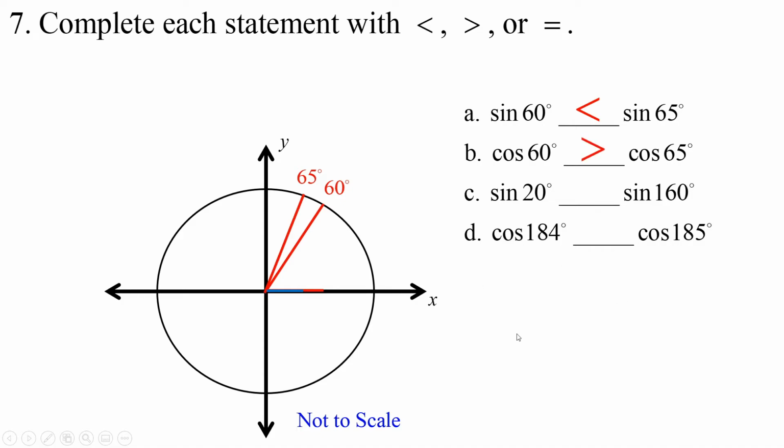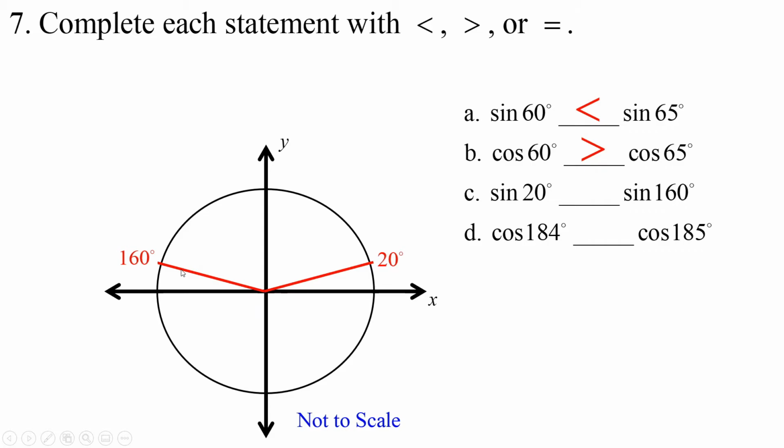There you go. Now, sine of 20 degrees and then sine of 160 degrees. So let's do a terminal ray for 20 degrees, and then do a terminal ray for 160 degrees. Oh, look at that. All right, isn't 20 degrees a reference angle for 160 degrees?